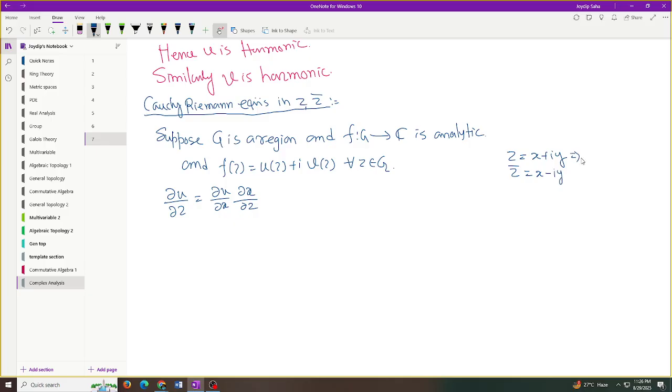This implies del x, del z is half, del x, del z bar is half, and del y, 1 by 2i.